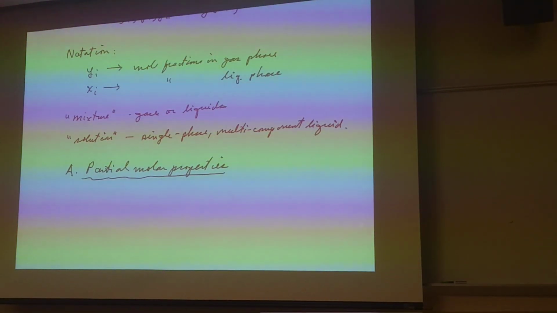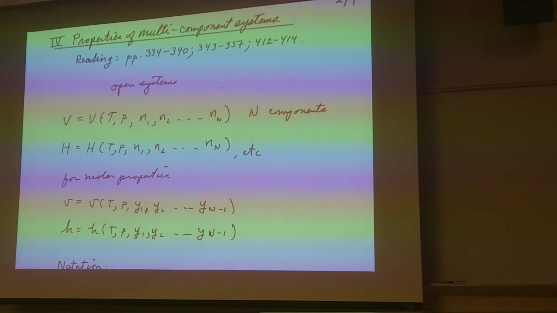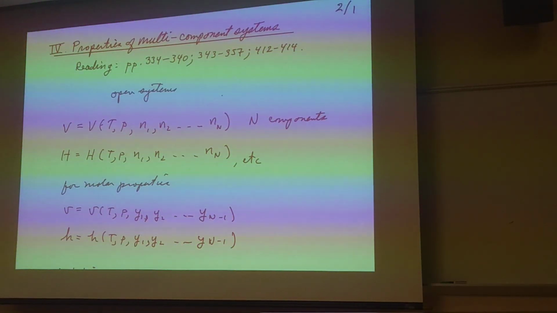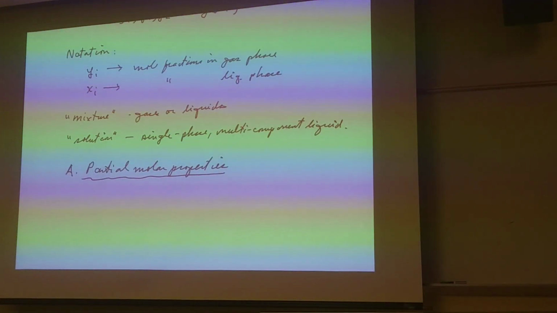Now I can write out, get an idea of this. If I write out an expression for, let's say, the differential change in one of these extensive properties, and I'll use volume as an illustration, but I could have done it for any of the extensive properties.